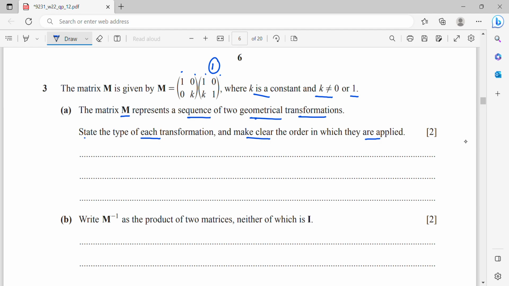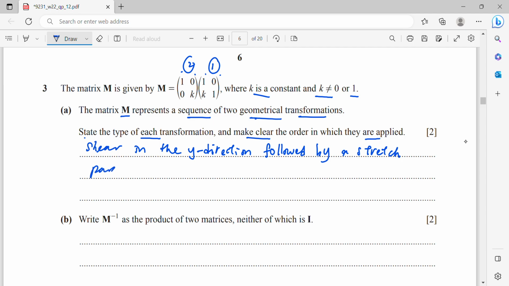So 1, 0, k, 1 is the shear in the y direction, followed by a stretch parallel to the y-axis with scale factor k. So this is the combined transformation.